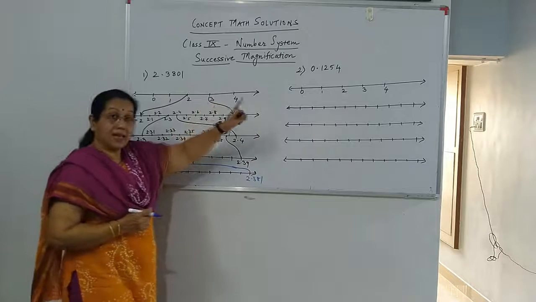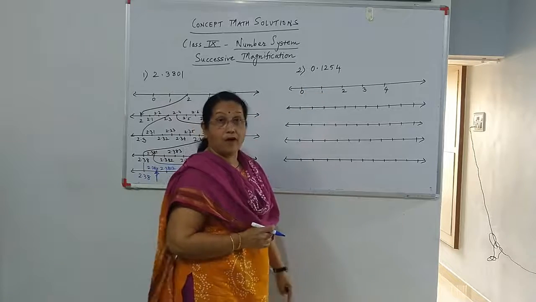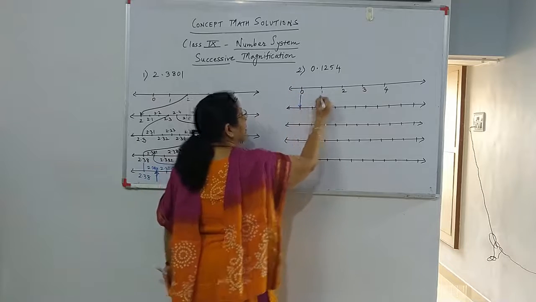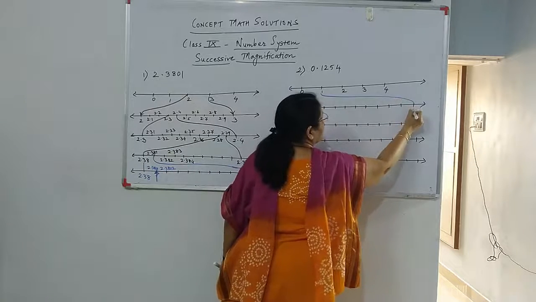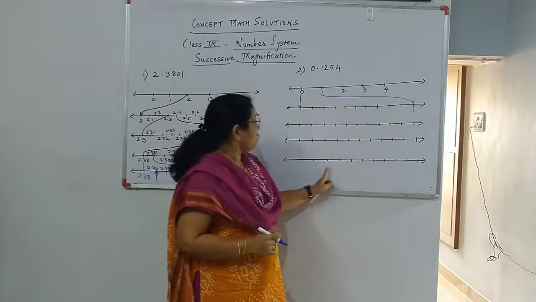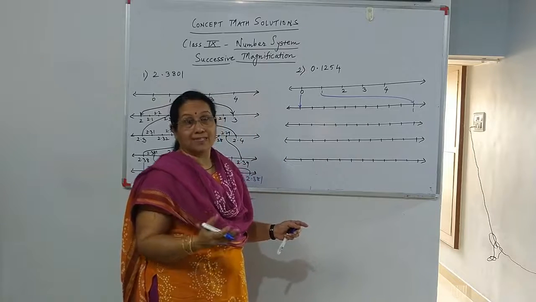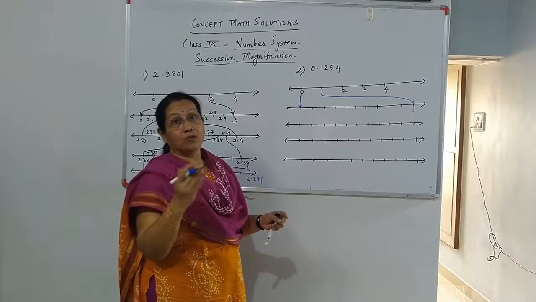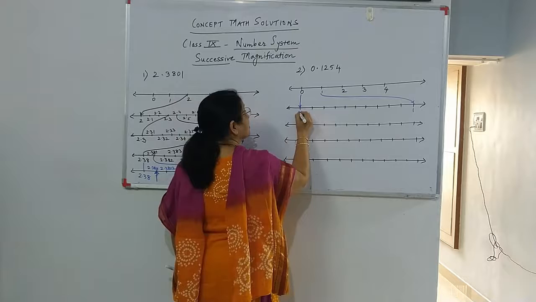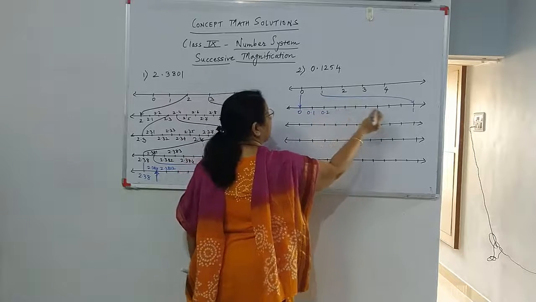Again, I'll explain one more example. 0.1254 will be between 0 and 1. So I will magnify the 0 to 1 portion. I have already drawn the number lines to save time. I've made 10 parts in one line because we all know it is the decimal system. So this is 0, then 0.1, 0.2, 0.3 and so on.